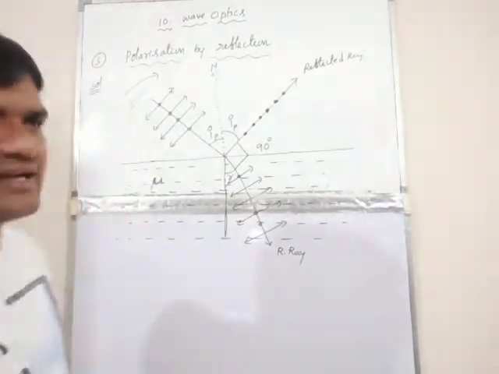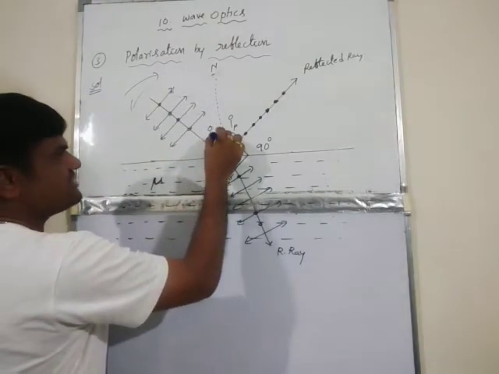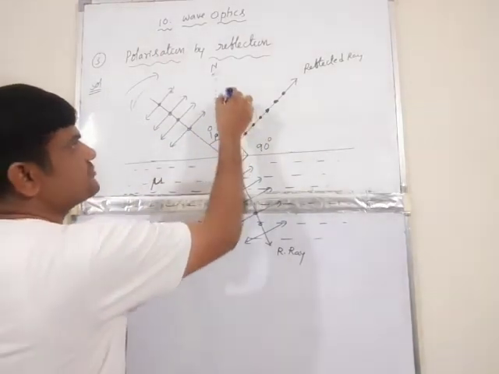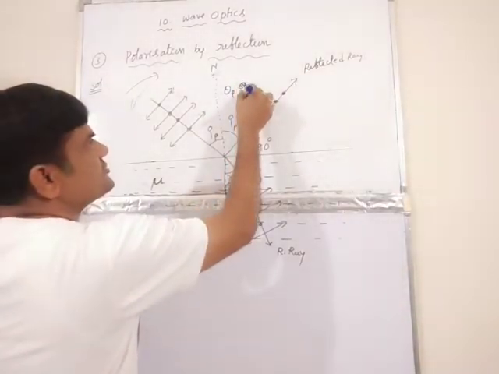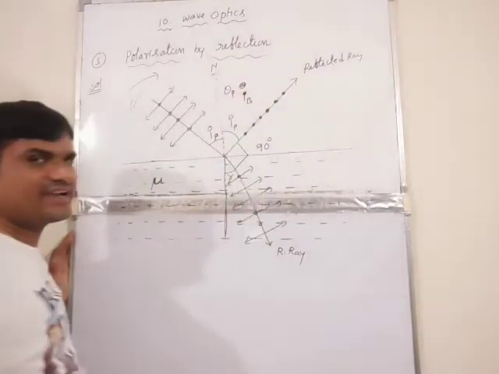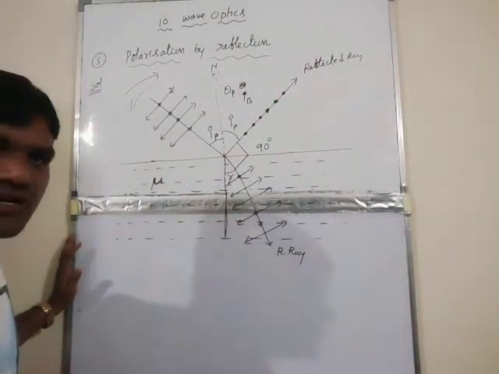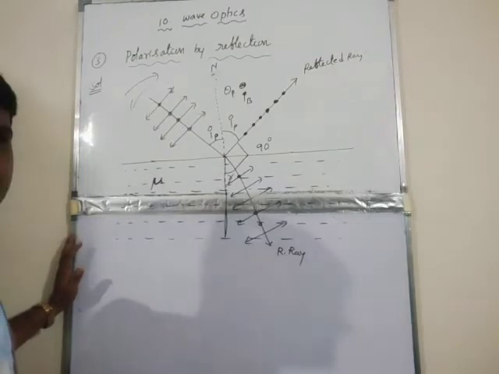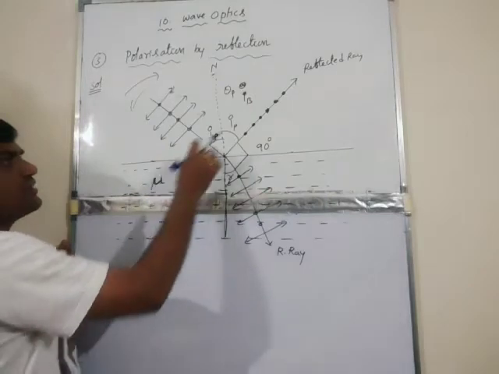The Brewster angle IP, also written theta P or IB.